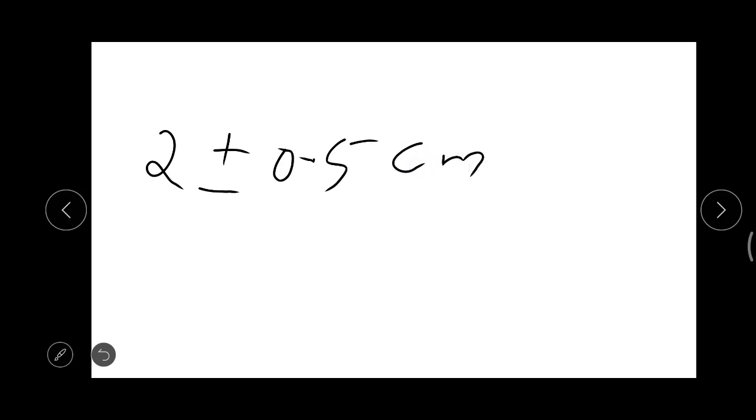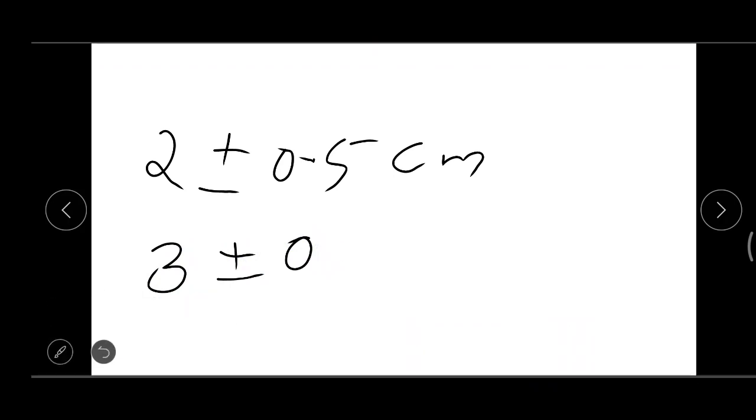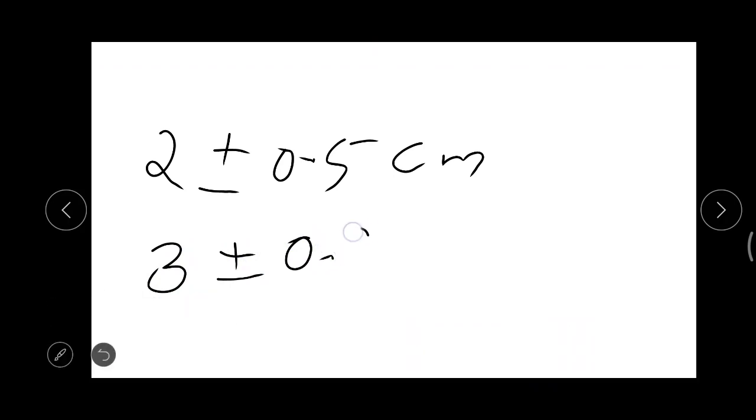Then you join another piece of 3 plus or minus 0.8 centimeters.